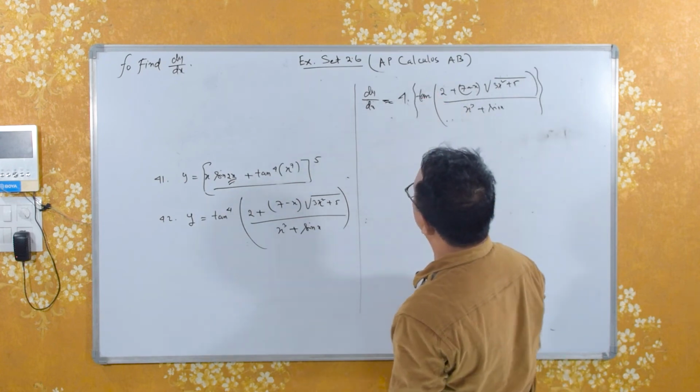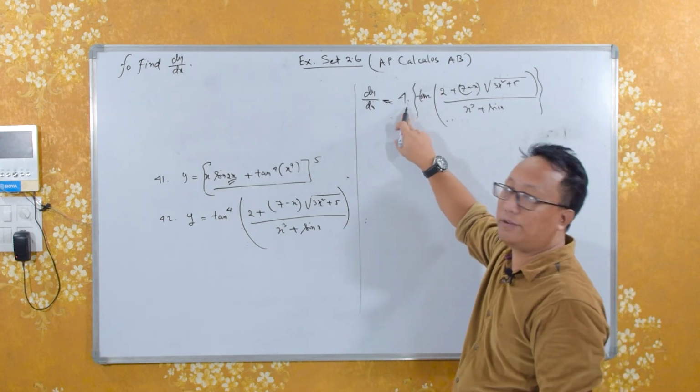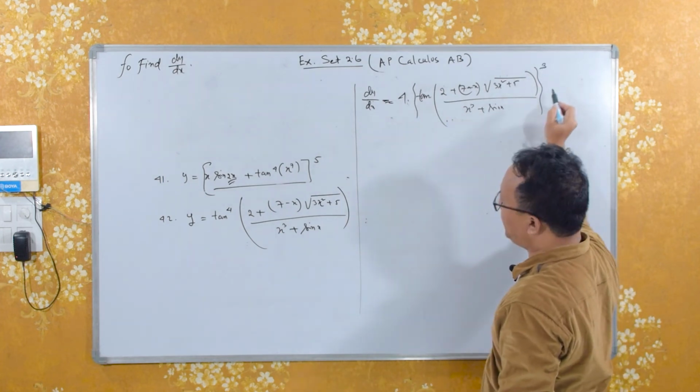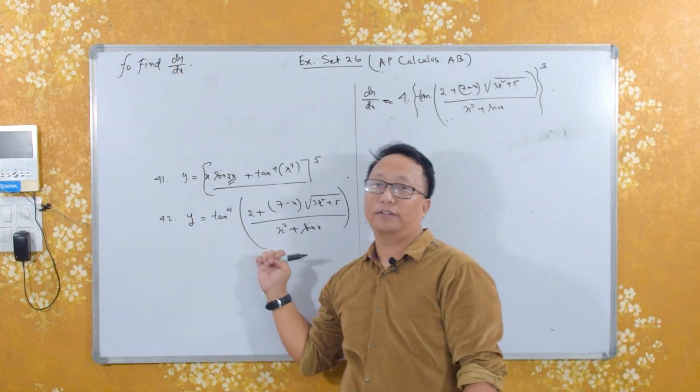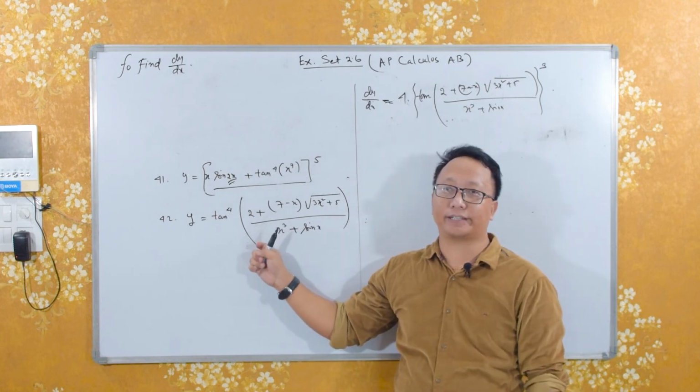We can break it like this. 4 minus 1 is 3, into, now you have to differentiate this with respect to x.